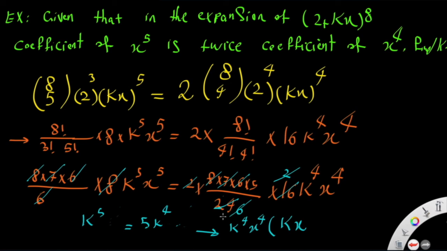I erase them. So k to the power of 4, times (k minus 5), is equal to 0. Once k is 0, which is not acceptable because it doesn't become a binomial, so k will be 5 as the answer.